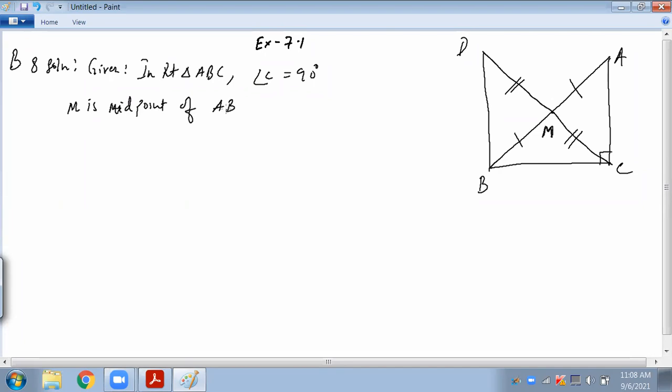Then C is joined to M and produced to D such that DM equal to CM. The point D is joined to B, so we don't have to write that. This much is enough in the given.